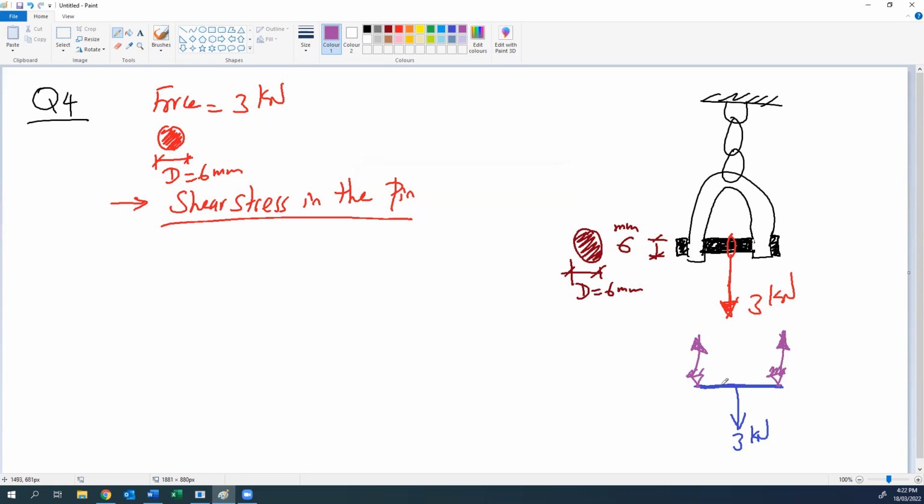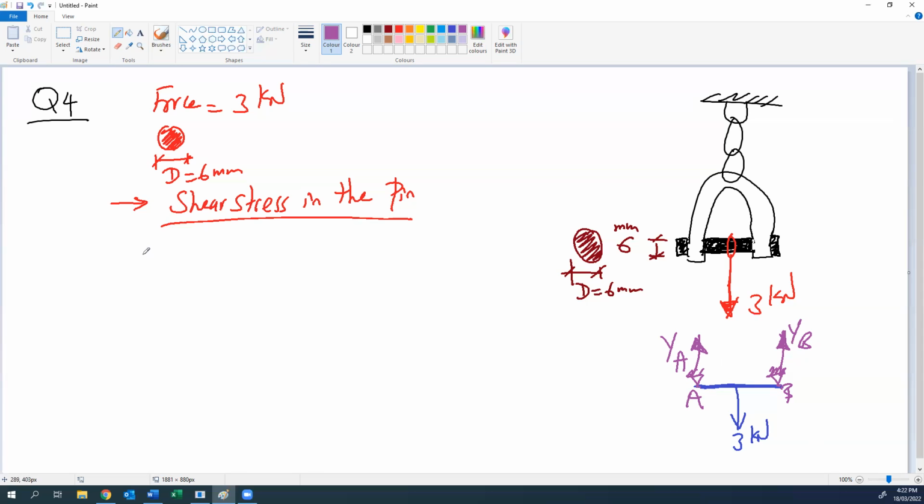So if we call them A and B, we will have two reactions, YA and YB. Do you agree with that? So we have a force of 3 kilonewton going down, and the shackle supports the pin from two points, so we will have two reactions YA and YB.